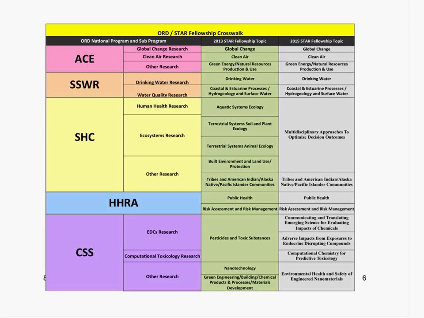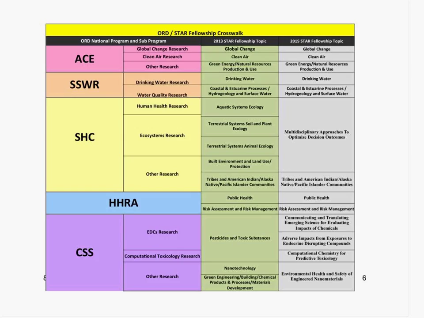Next topic. This might be small unless you're right at your computer, but you have to pay attention to the column all the way to the right, in gray. These are the topic areas for the 2015 STAR Fellowship. The chart shows how the topic areas relate to EPA's research and the main programs that EPA supports to fulfill its mission.